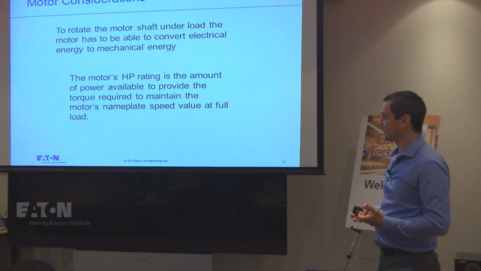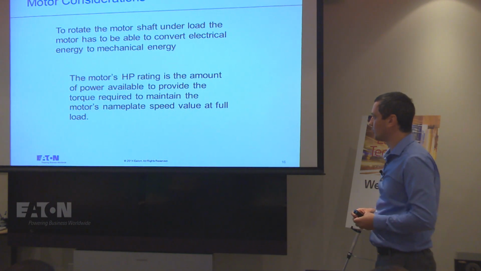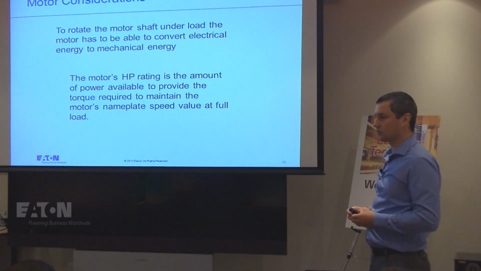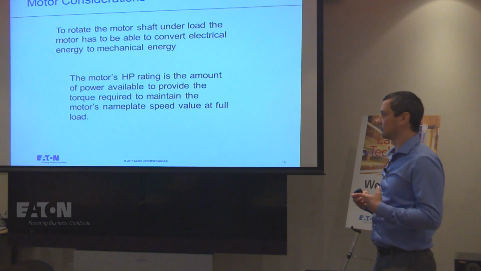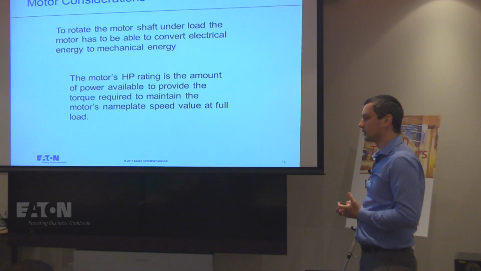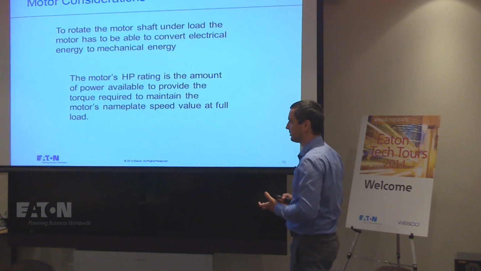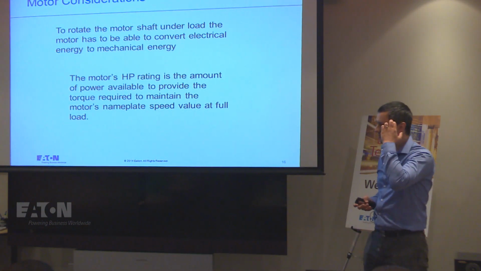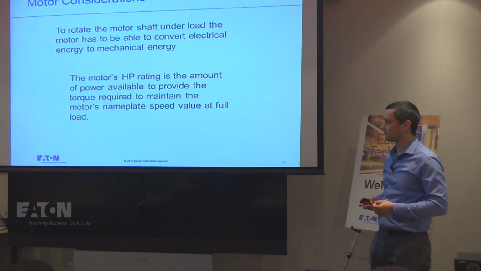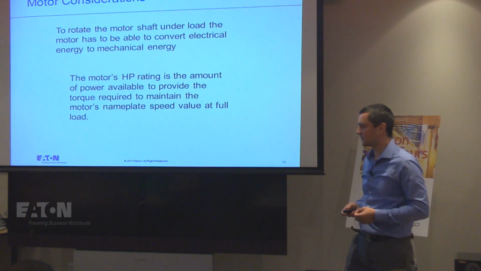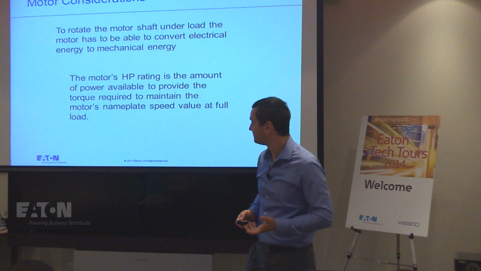And the horsepower rating of the motor will be actually the amount of the power that you need to provide the torque required by the application in order to maintain your motor's nameplate speed value at full load.